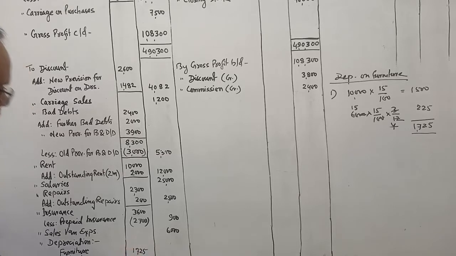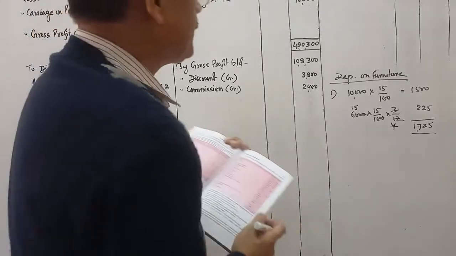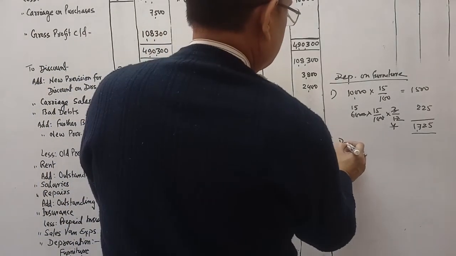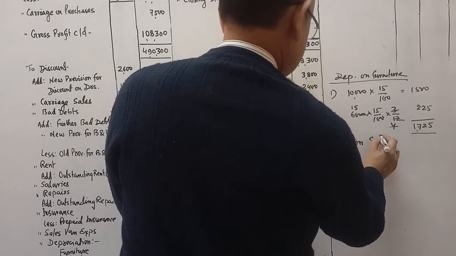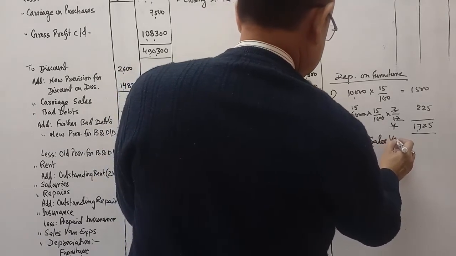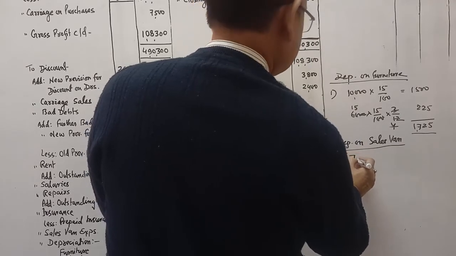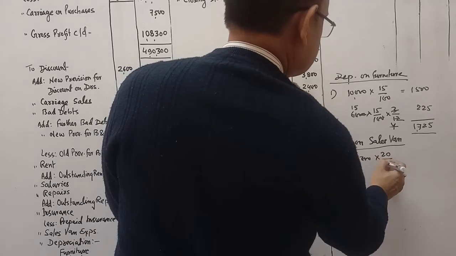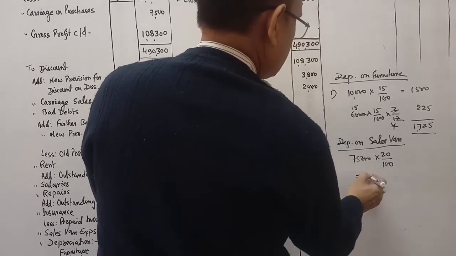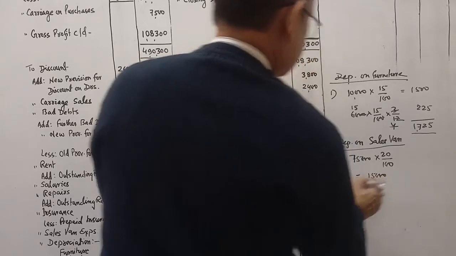And on motor van it is 20%. Depreciation on sales van is how much? Sales van given in the trial balance is 75,000 and 20% of that amount is 15,000.